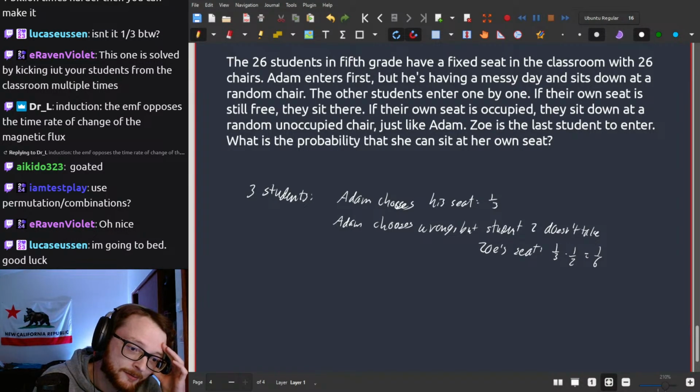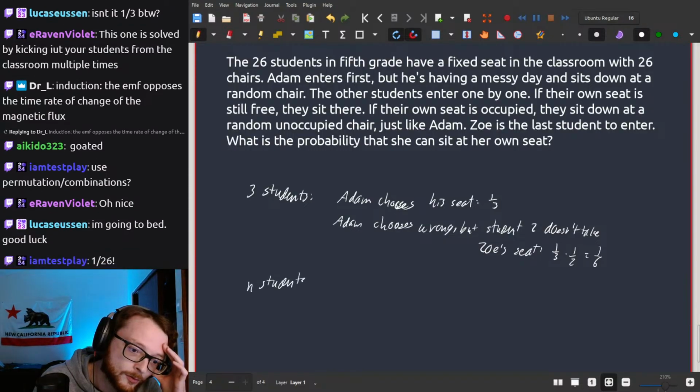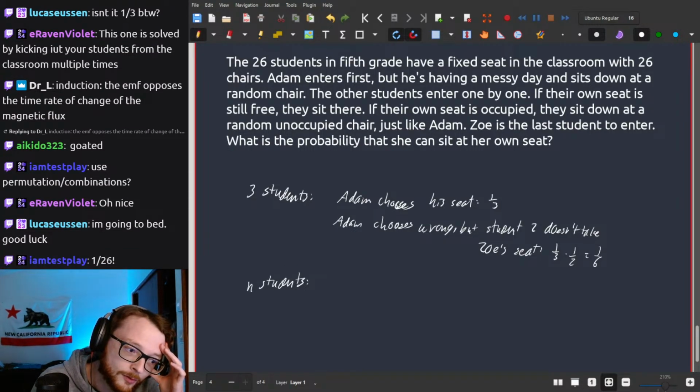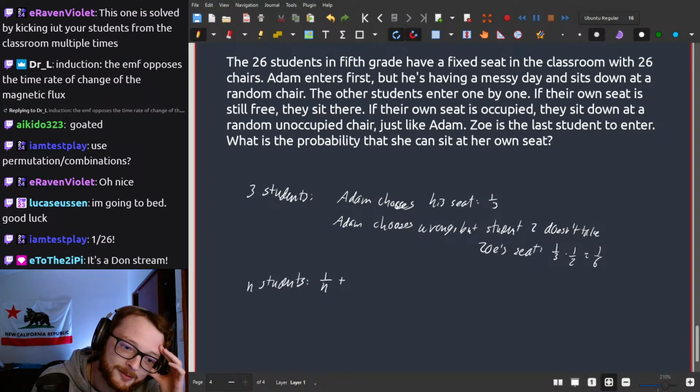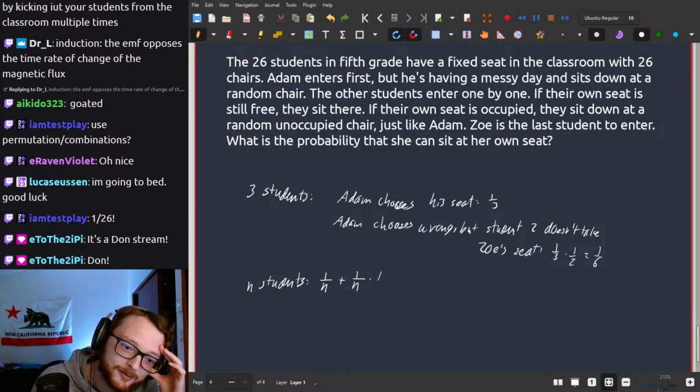If we have n students, one over 26 factorial. I don't think it's that. It's going to be 1 over n plus 1 over n times 1 over n minus 1.